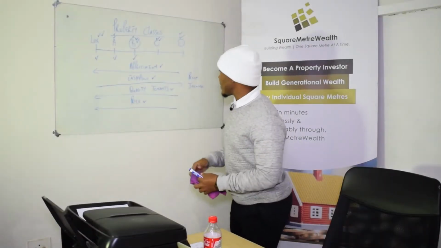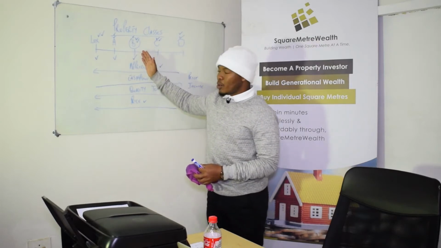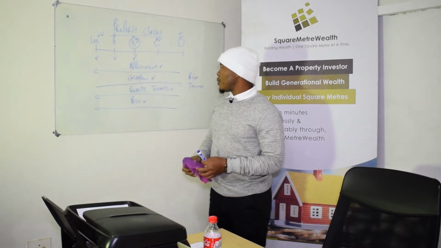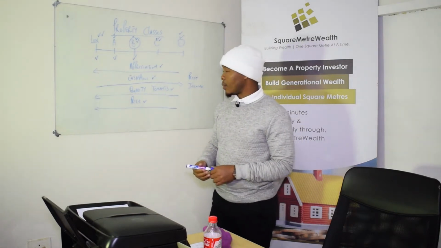So now you have said maybe you want to be somewhere here in the middle and you would want to go for the B property class. What follows after that? I'll make an example, take one of the areas here in Pretoria.